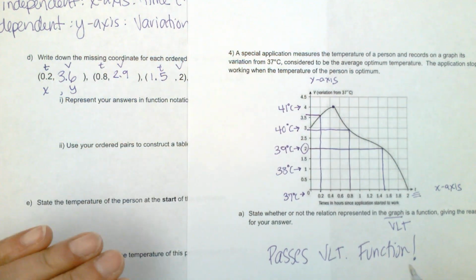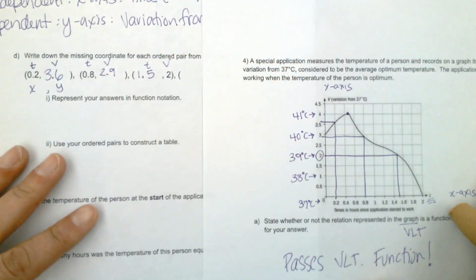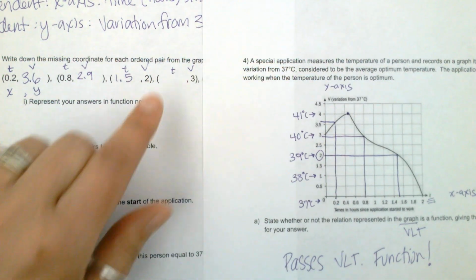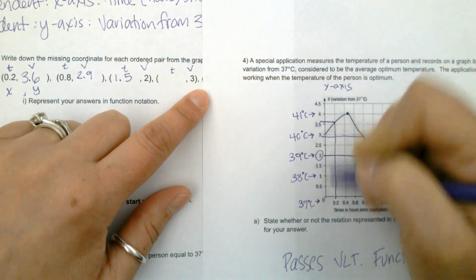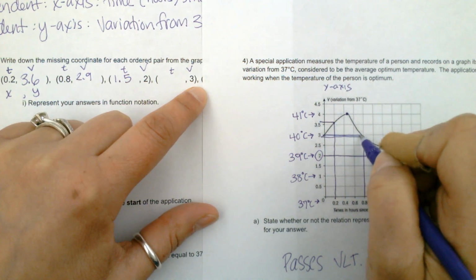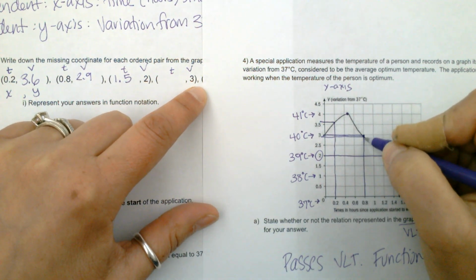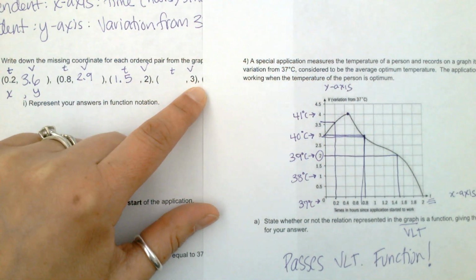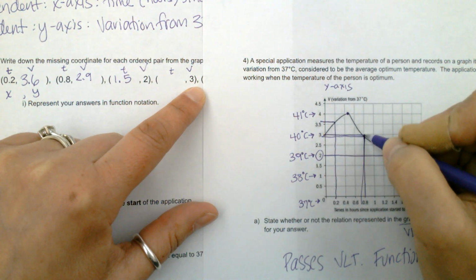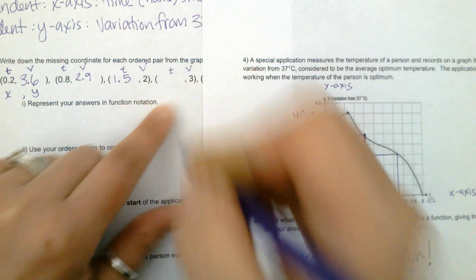So you're reading the graph forwards and backwards. Okay? Here we have T and V. We're looking for our V, so we have to start here. We're starting at 3, all the way over, all the way down, and that looks like about 0.9.